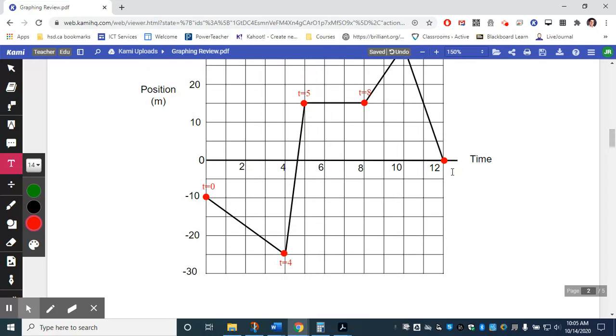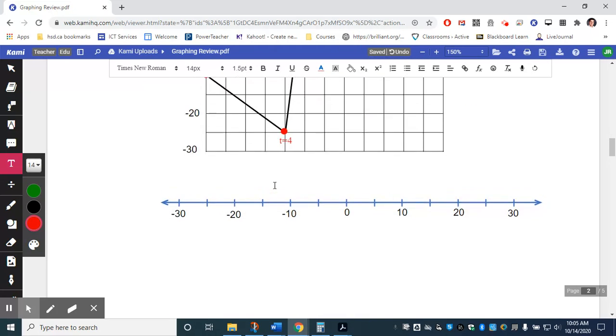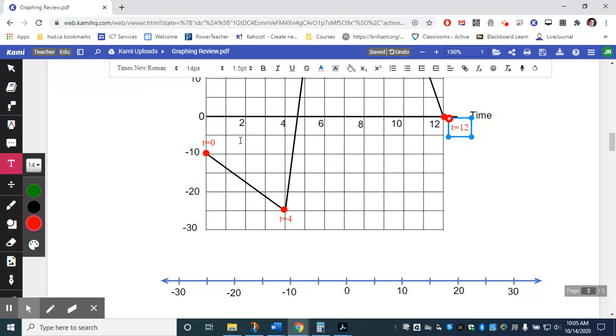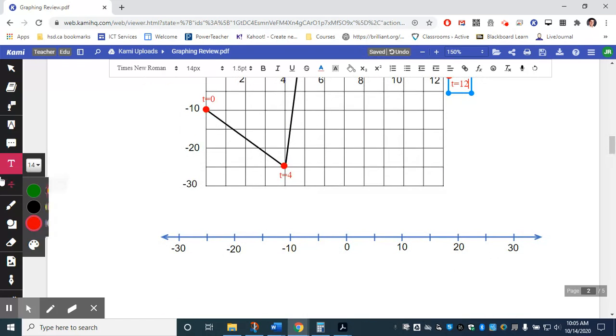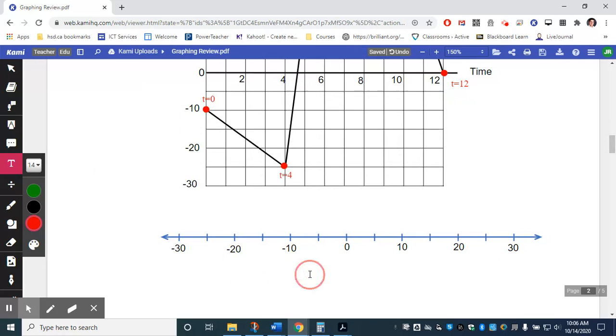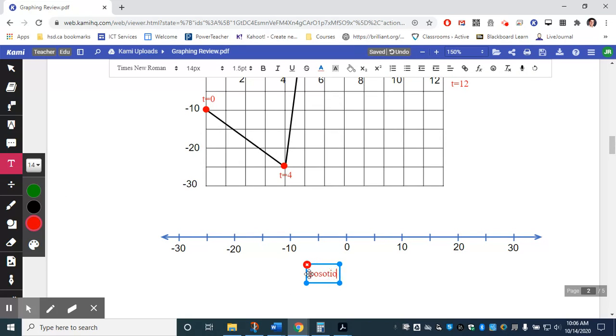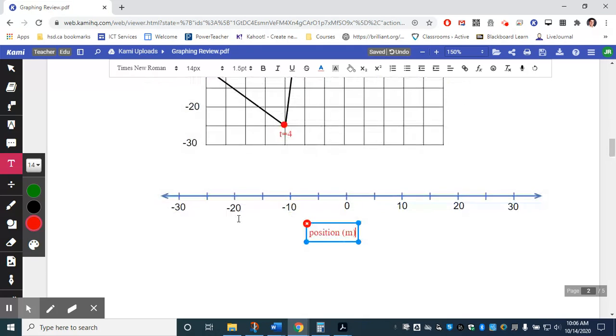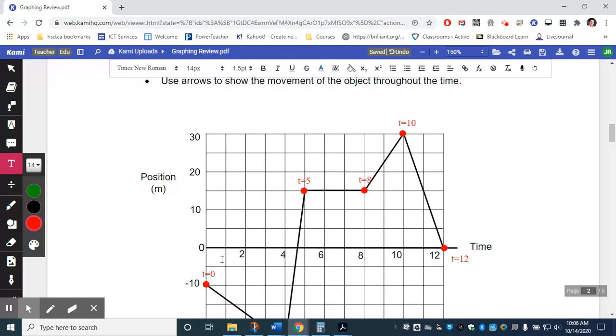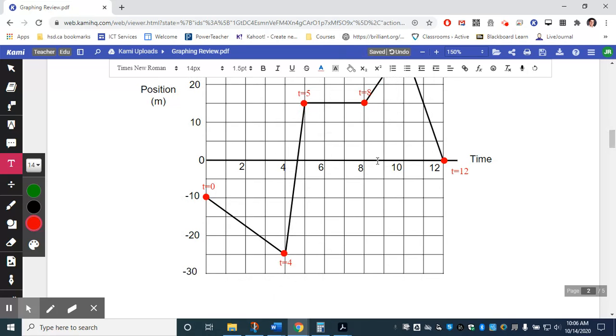And now what we're supposed to do is do this on this line down here. And so we can transfer this, but notice that this is position here, okay? But now our line is doing position horizontally. Probably in meters, yeah. And so we have to transfer these dots over there so it looks the same.